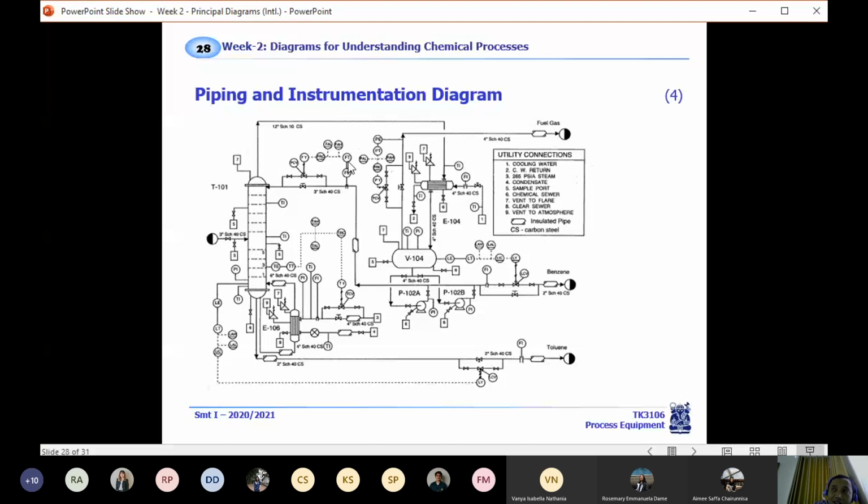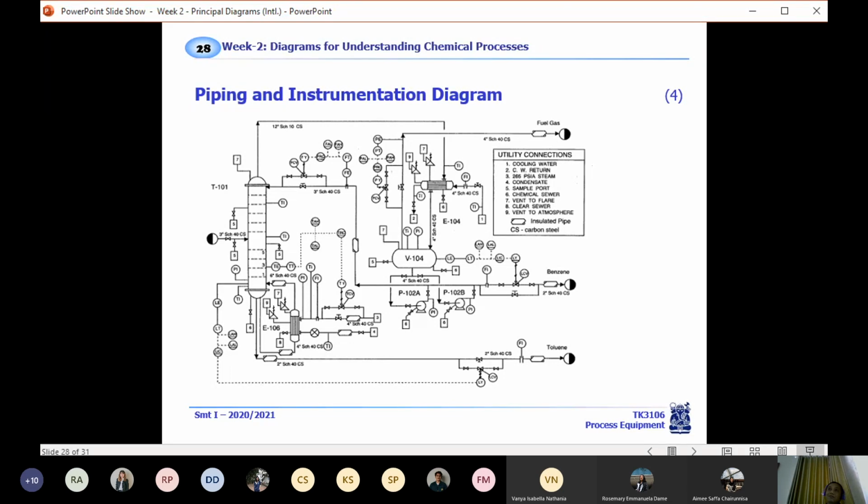It is related with safety again, for example the alarm, the shutdown system, and the instrumentation and control system, whether it is automatic or the information can be shown in the DCS, distributed control system, or the local panel.